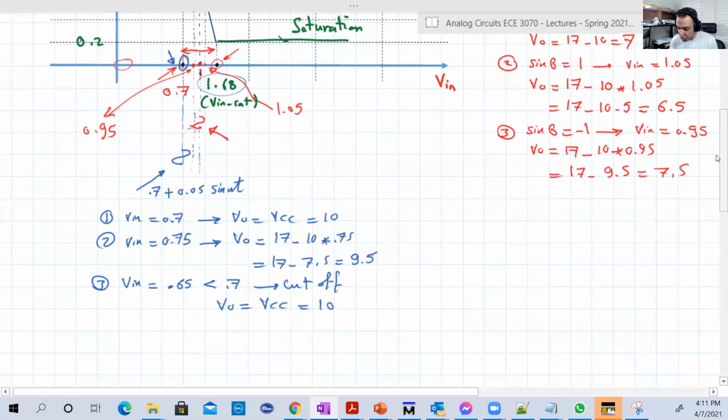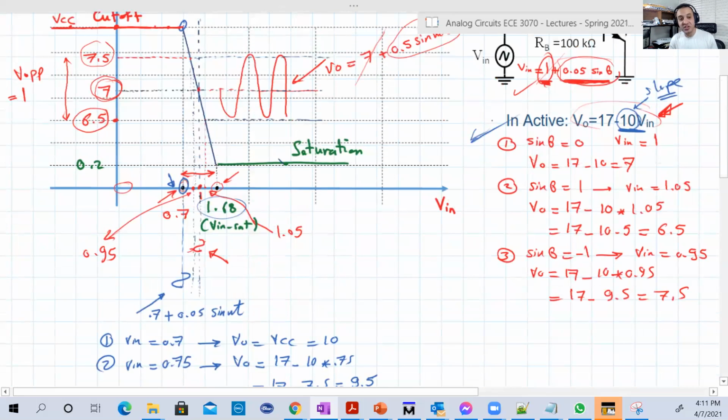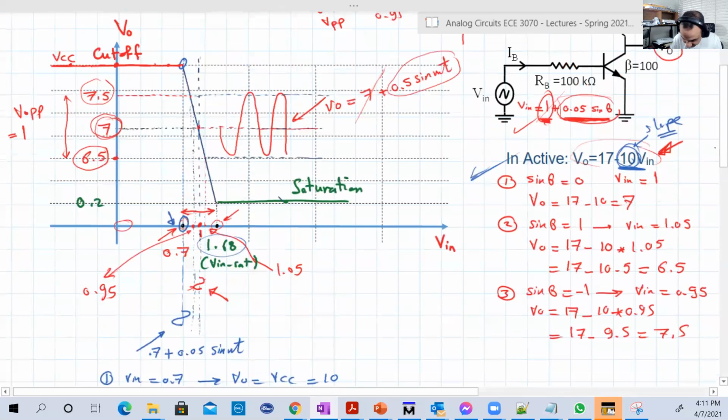It's not like here, where we are using this equation all the time. So this 10, this multiplication factor, which we can call gain, this amplification gain is applied all the time. But now no. And basically, if we draw the output in that case, the blue case here, it will be something like this.